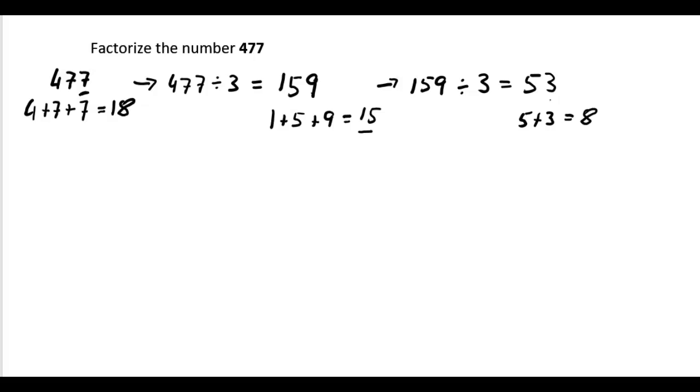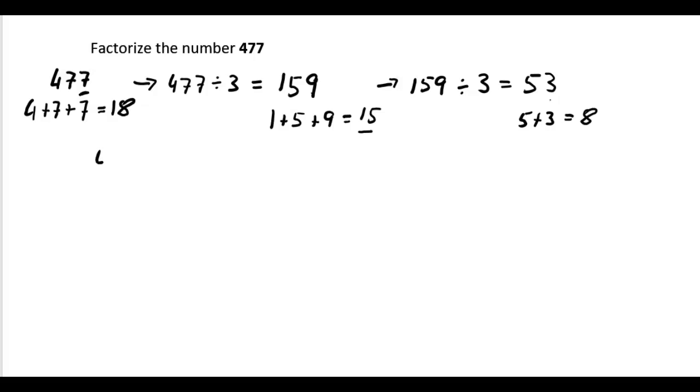Now we can't divide 53 by 5 without any remainder. A number can only be divided by 5 if its last digit is either a 5 or a 0. The next prime number would be 7. And again, we can't divide it by 7. And that is basically all our options for this.